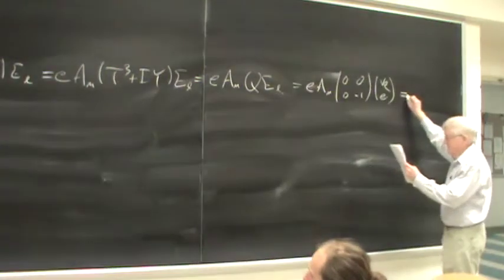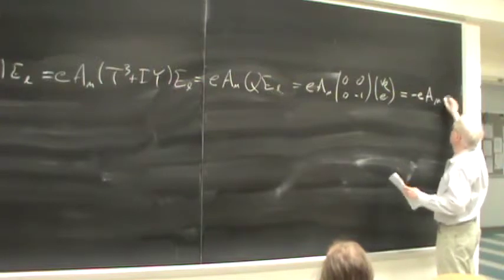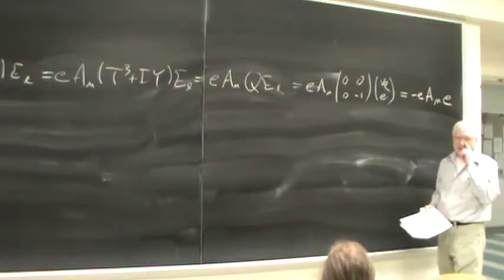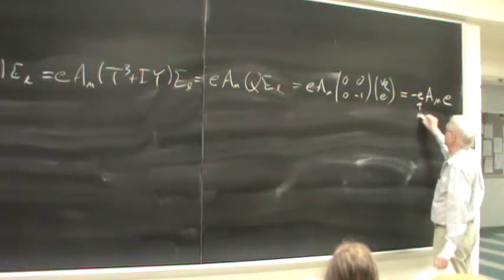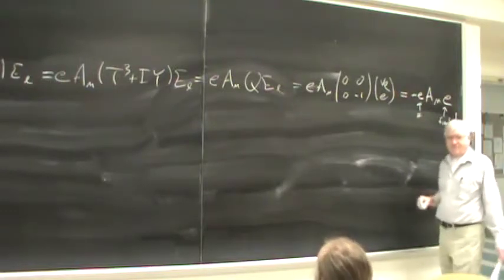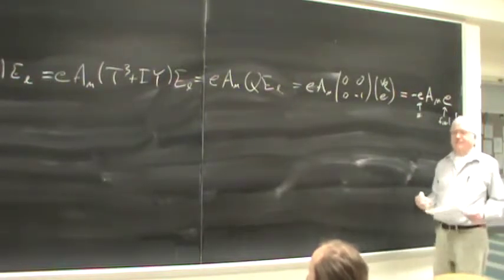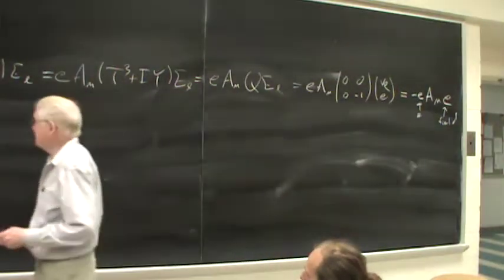And so now I've got this -e A_mu e. So this is the electromagnetic interaction. Now, unfortunately, this is a number, and this one is a field. Okay. But I've painted myself into a corner here. All right.